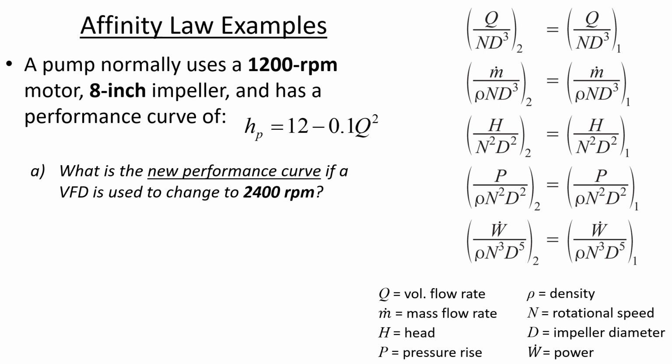For N1 is 1200 RPM, D1 is 8 inches, and H1 is 12 minus 0.1 Q1 squared.